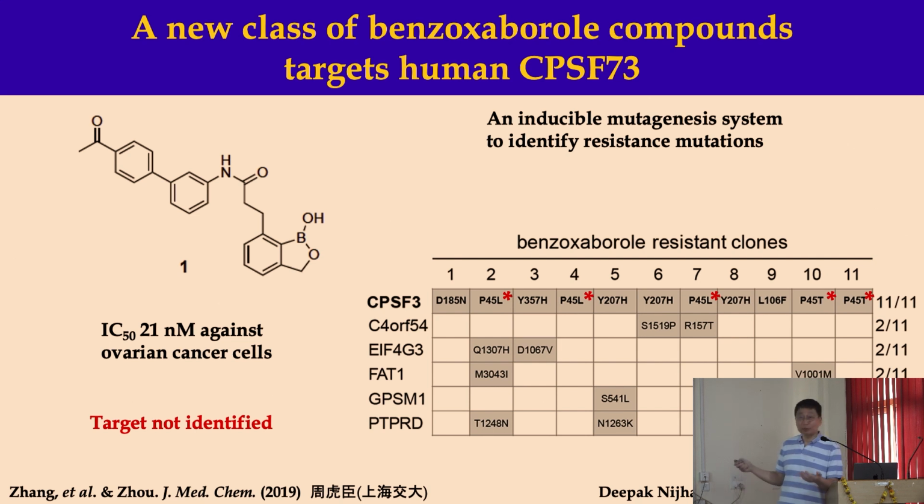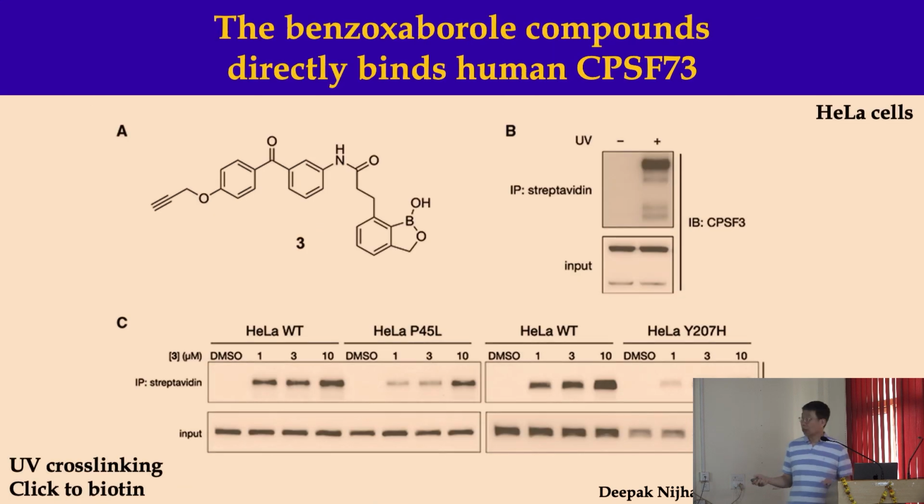That will be even more insightful. One more piece of data from them: they used this compound and did click chemistry to show that the compound can pull down CPS73. And when you include the tyrosine mutation, you pull down much less, again showing specificity.